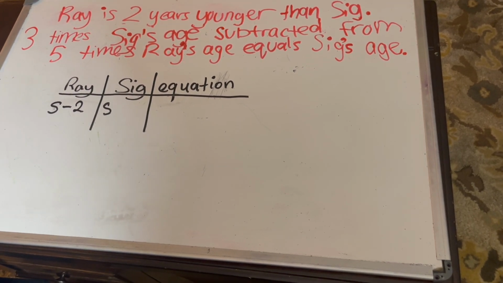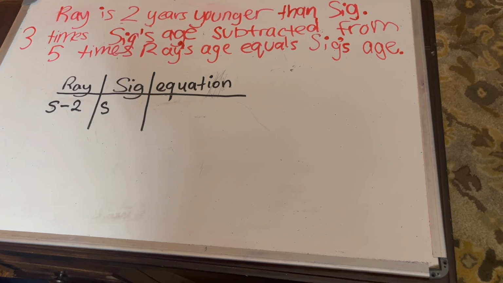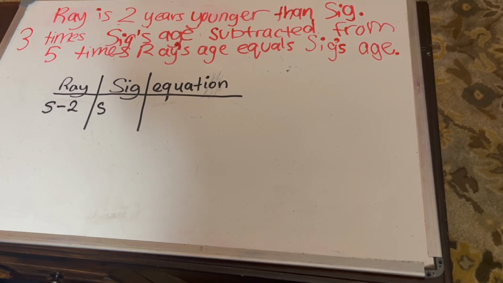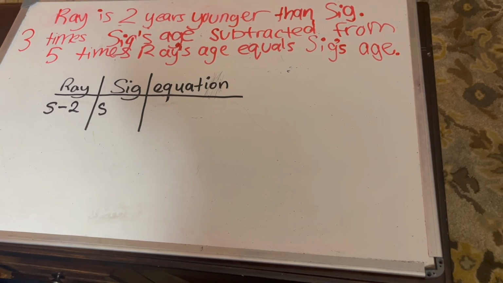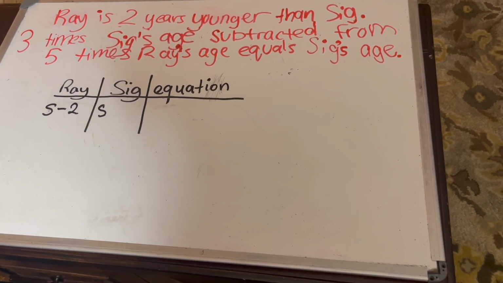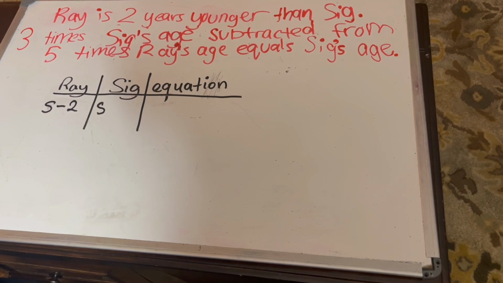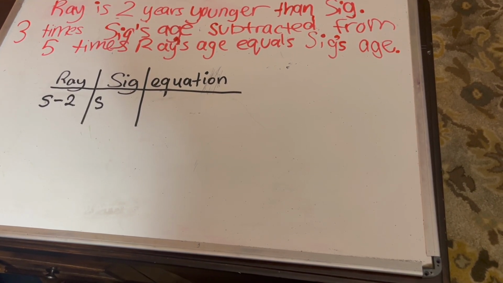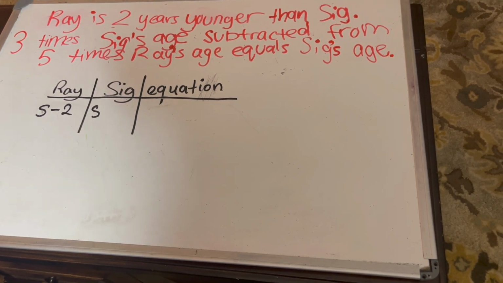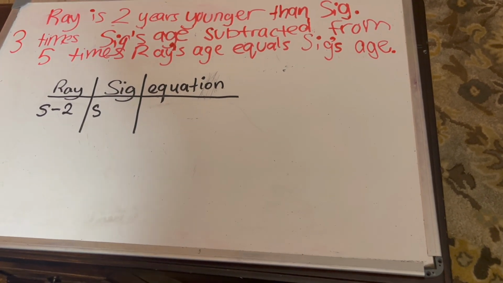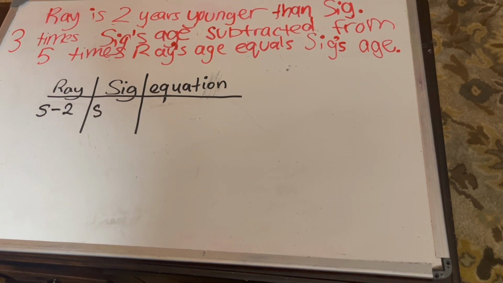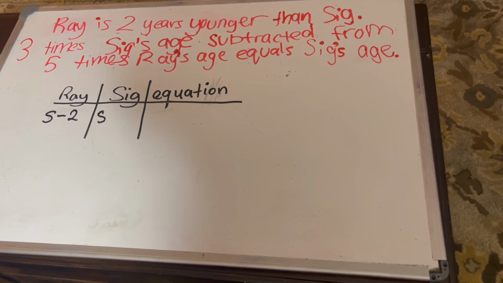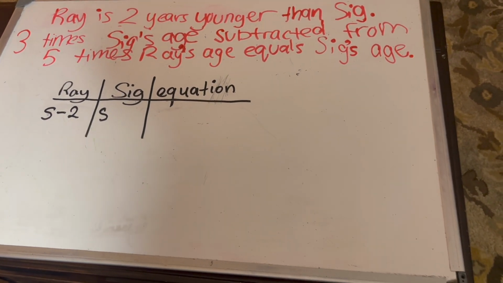Now we go on to our second part. 3 times Sig's age is subtracted from 5 times Ray's age. What this means is that the 3 times Sig's age is going to come after the 5 times Ray's age, because when we see from, we have to subtract that afterward.